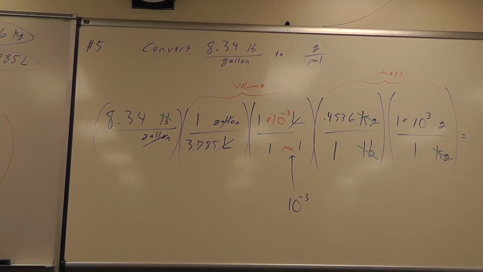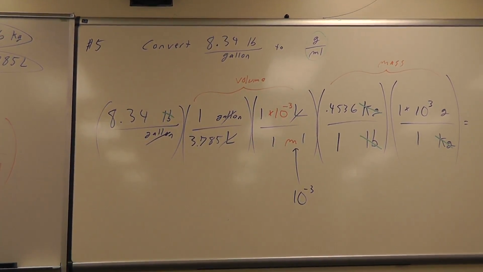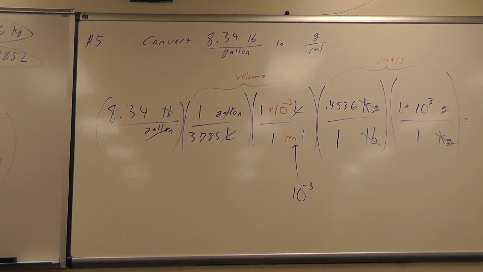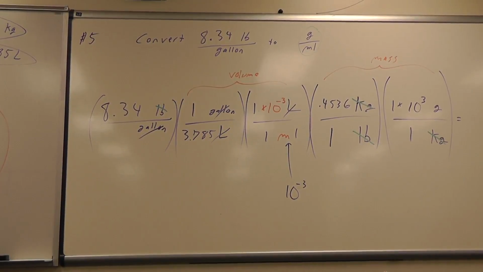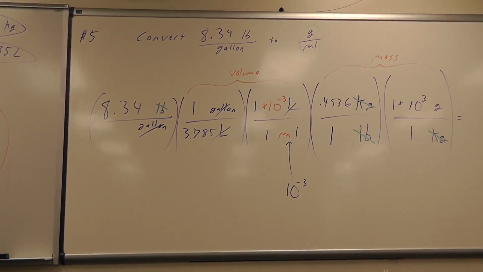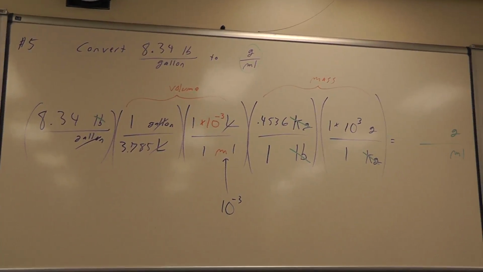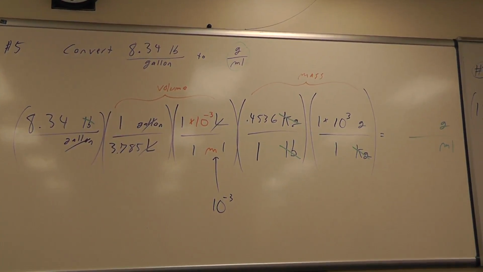But if you set something up like that and you go back and inspect your units and your units don't work out the way they're supposed to, then don't even bother reaching for your calculator. Because if the units ain't right, the numbers ain't going to be right. Take the time and make sure the units work out. Everything on top is going to be multiplication. Everything on bottom is division.